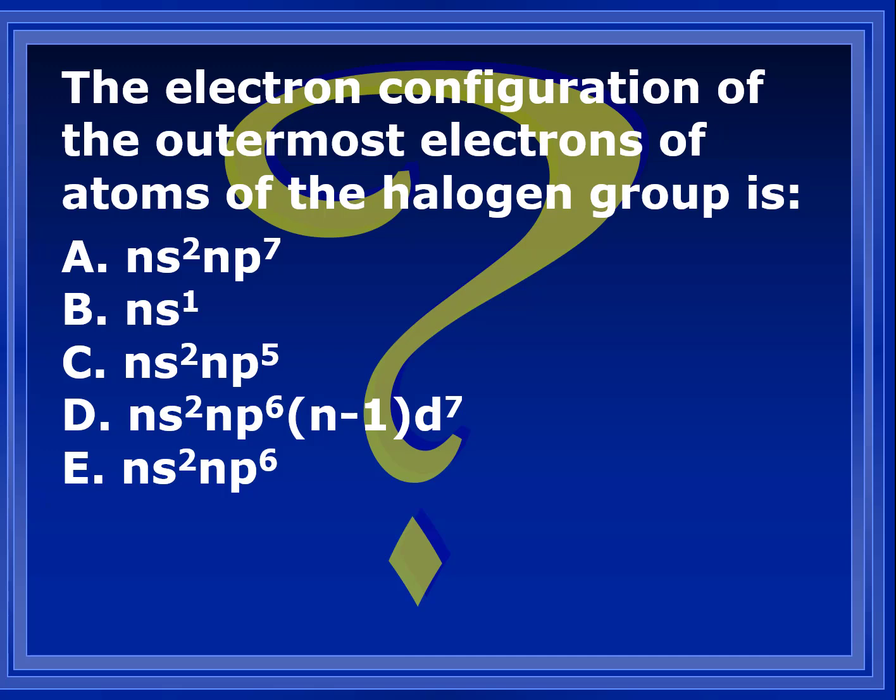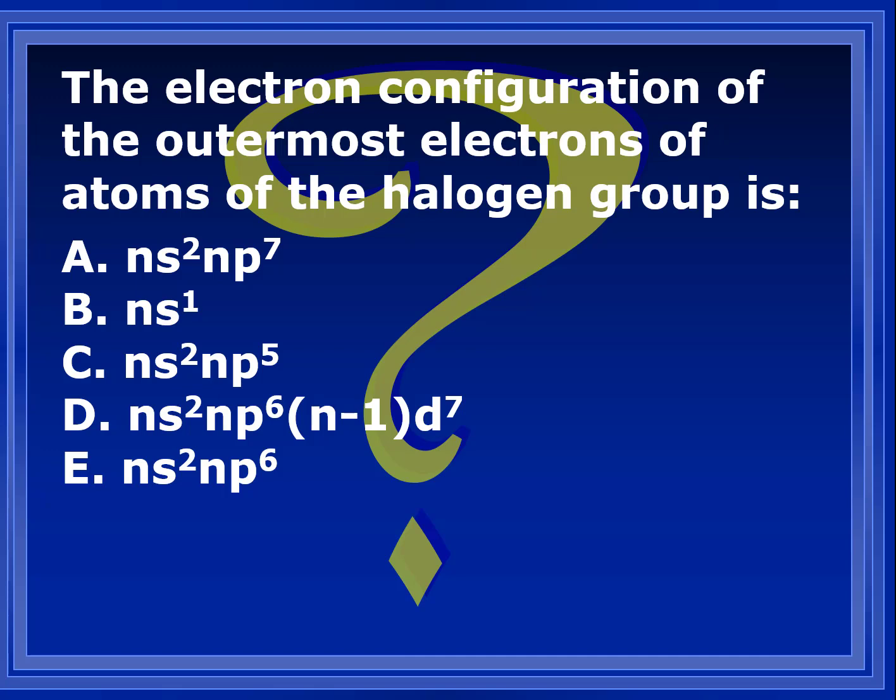Halogens are group 7A or 17, whichever way you want. So it's this column, and in this column, everything has to end in p5. N is the energy level, so chlorine would end in 3s2, 3p5. Bromine would be 4s2, 4p5.